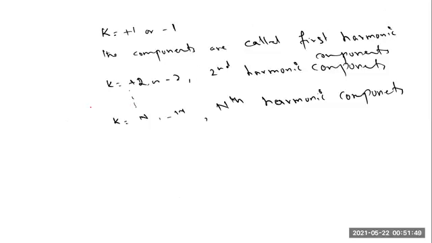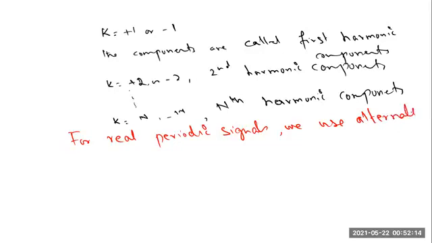As I mentioned, we normally use the alternate form for real periodic signals. We use the alternate form of Fourier series as derived below.